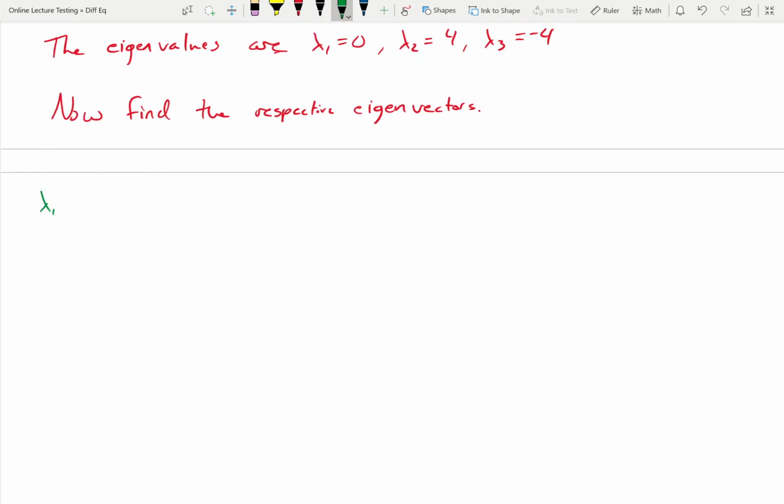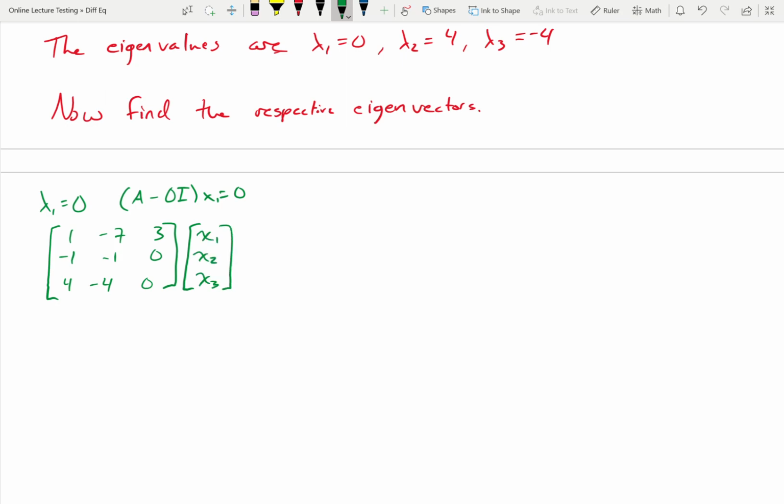So for lambda 1 equal to 0, we look back at A minus 0I times x equal to 0. We get the matrix 1, negative 7, 3; negative 1, negative 1, 1; 4, negative 4, 0, multiplied by x1, x2, x3, which is equal to the 0 vector.